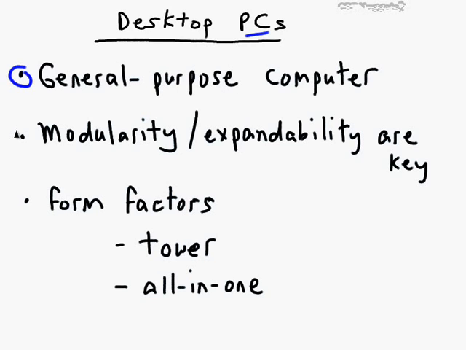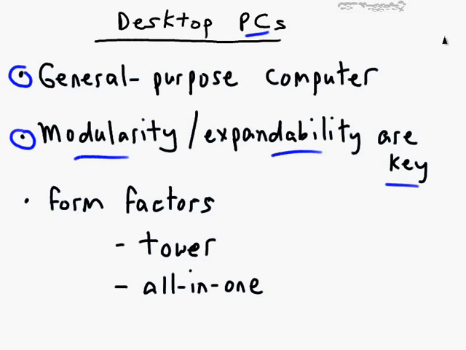As far as differentiation with desktop PCs, modularity and expandability are key. As we've talked about earlier when we cracked open the virtual case and looked at the motherboard, we talked about the expandability of things like RAM memory, being able to pop a CPU out of its socket and put in a faster model.